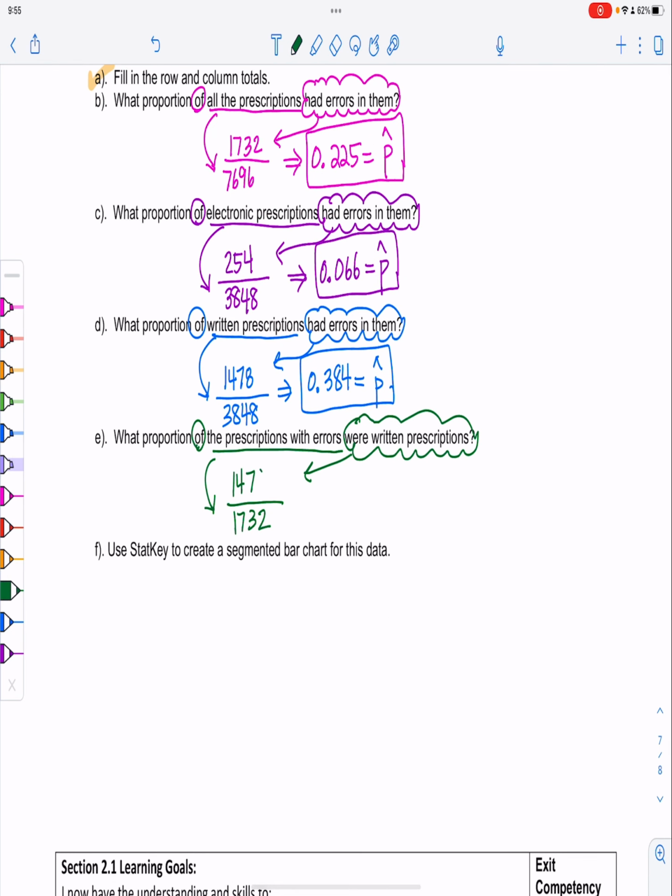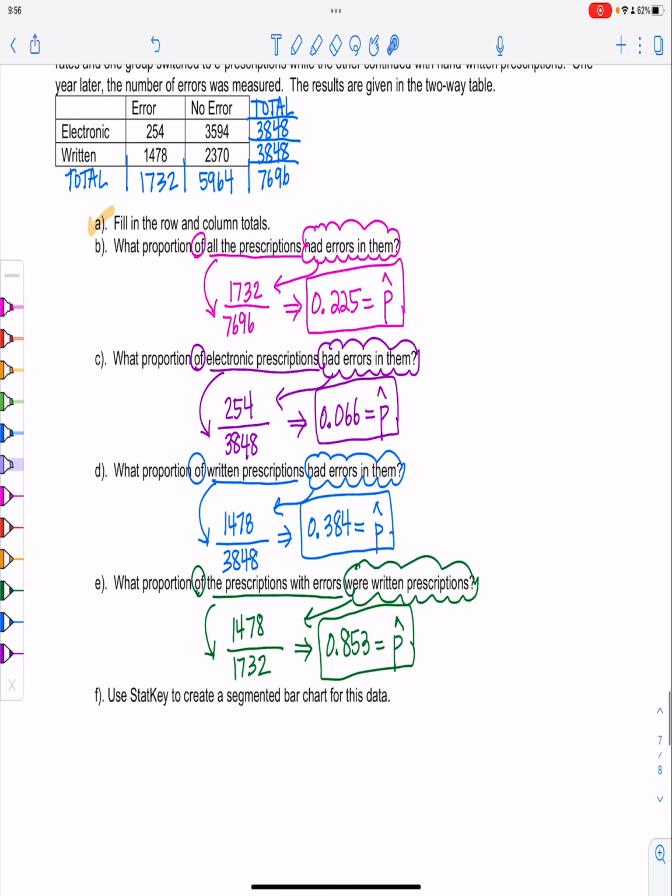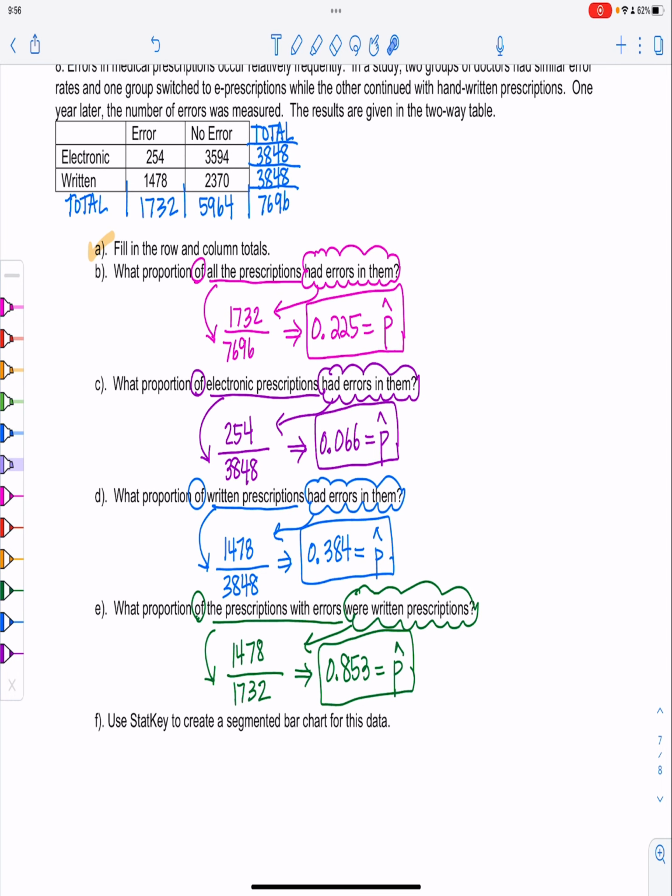So as a decimal, that is 0.853. That is a lot. So what we're saying is 85% of the prescriptions that had errors in them were written prescriptions. So seems like there are more errors with written prescriptions than there are with electronic prescriptions.